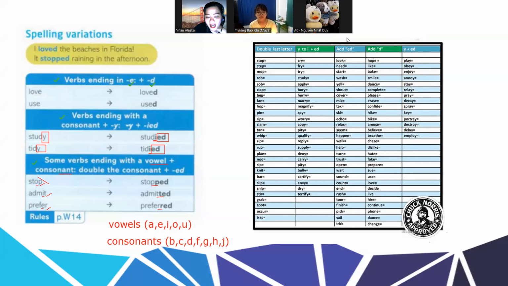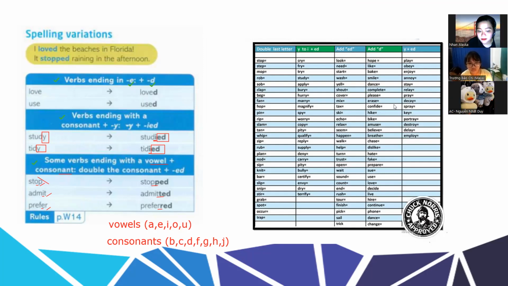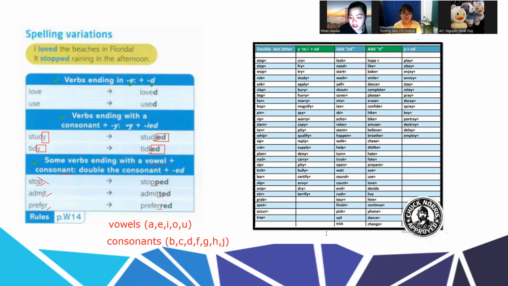Okay, so Maya, I'll be showing you some words and then you tell me which rule follows the simple past regular. Ready? Yes. Okay, the first example that I'll be showing you is the word, let's say the word clap.